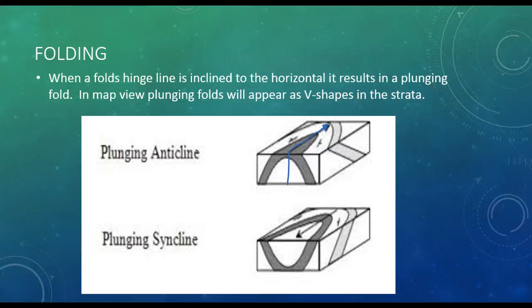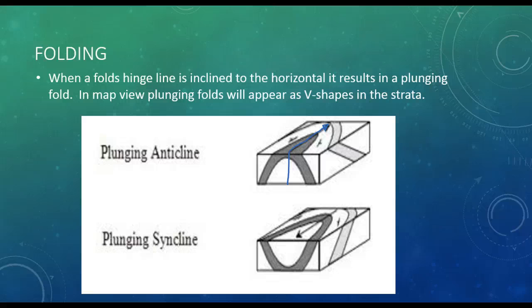Looking here, there are two ways to do this. We can use the strike and dip symbols. Over here to the side we have a strike and dip symbol, and this is a straight line with a smaller line coming out perpendicular to it. If the smaller lines are pointing away from the axial plane, this indicates an anticline.